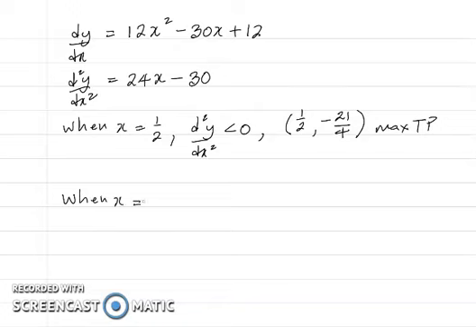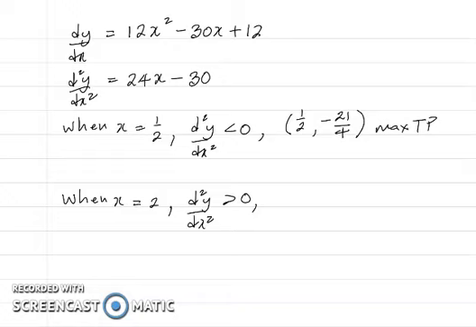All right, so next I'm going to say when x is equal to 2, I'm going to get 24 times 2, which is 48. 48 minus 12 minus 30 is positive 18. So d2y by dx squared, which is positive 18, is going to be greater than 0, means that it's positive.